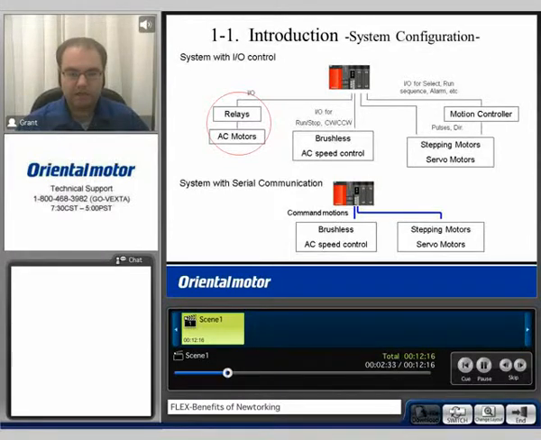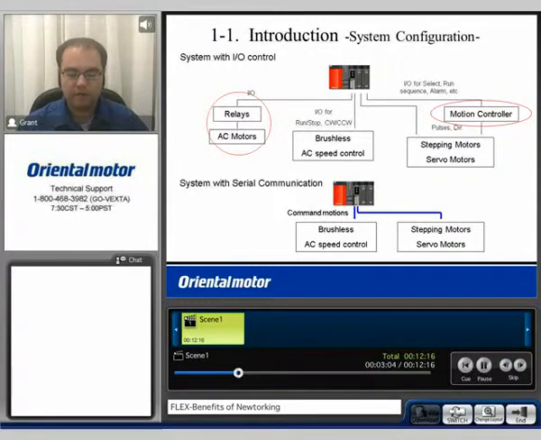For brushless or AC speed control systems, we can use transistors from the PLC to activate I/O functions like forward and backwards or run and stop. For a stepper or a servo system, we can send a pulse and direction stream from the PLC. If the PLC is not capable of sending a step and direction signal, we can substitute using a motion controller between the PLC and the motor driver, and then simply use I/O functions to activate each sequence.